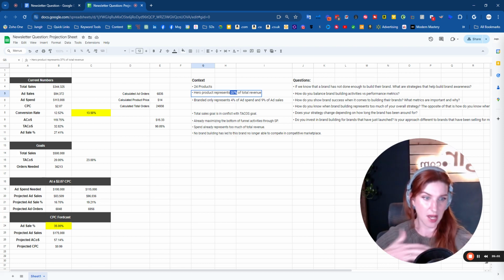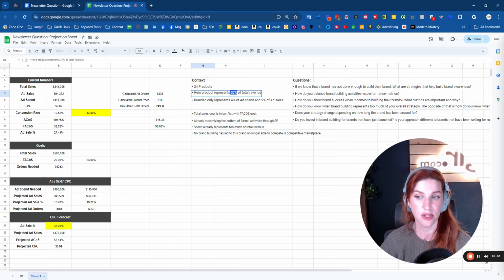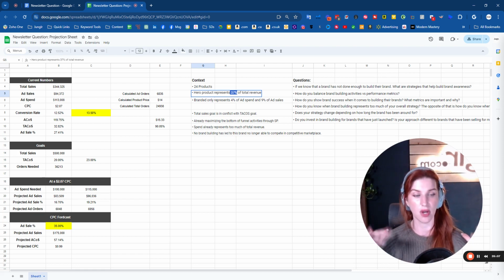And then you can dig into that product line a little bit more. So I would also take these metrics. These are kind of like overall account averages, but you want to benchmark these averages against every single one of those 24 products in the account, and then identify if there are other products within the brand catalog that can be pushed more.